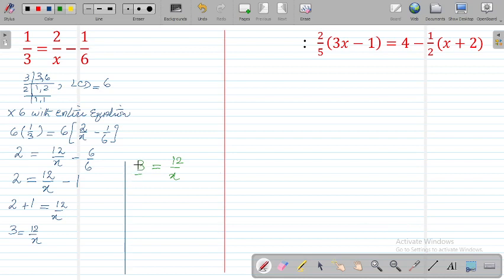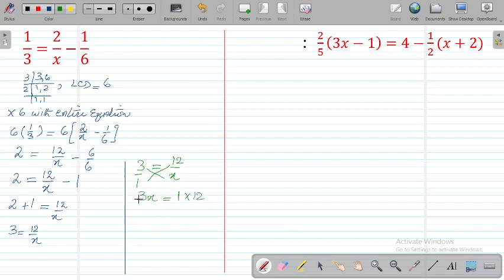Nothing is there in the numerator, it's always a 1. So you just cross multiply, and you will get your result as 3x is equal to 1 multiplied by 12.